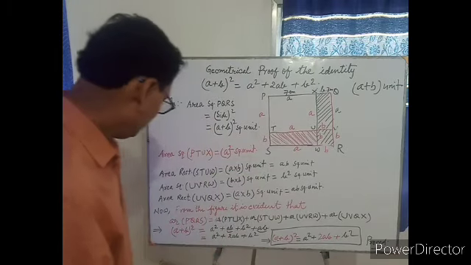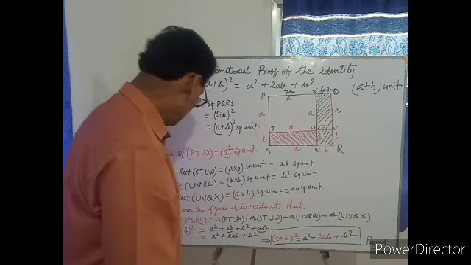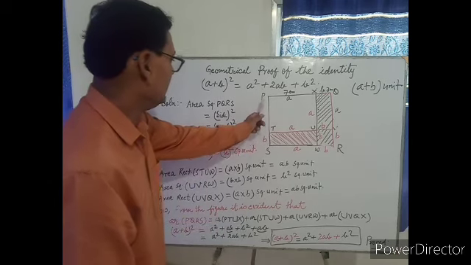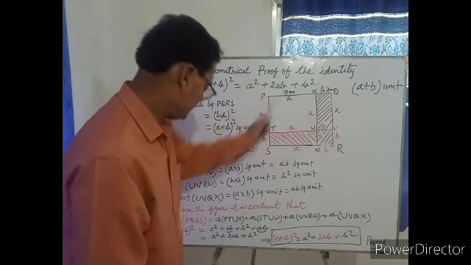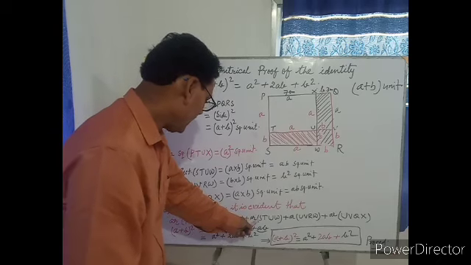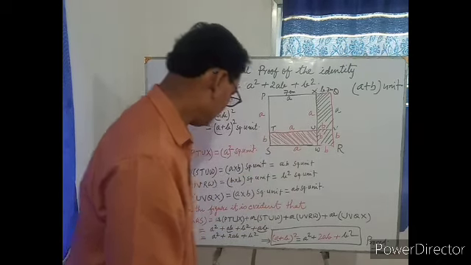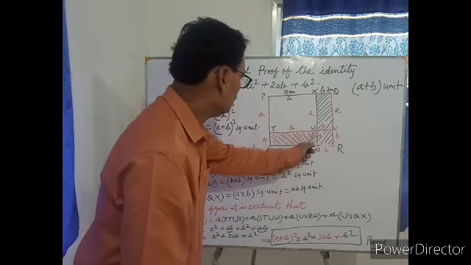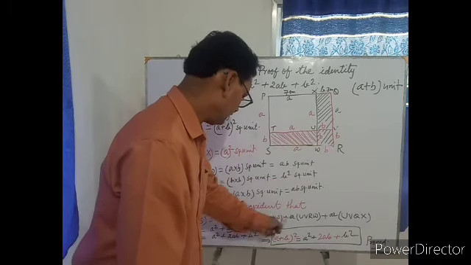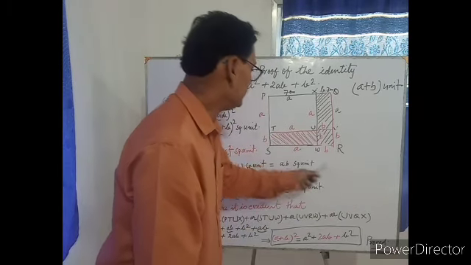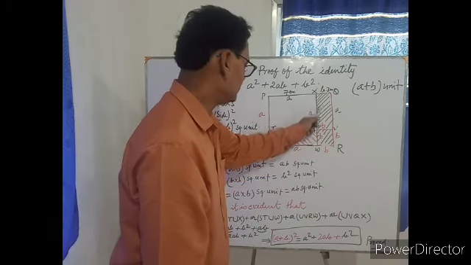Correct? So it is evident from the figure that area PQRS is equal to area PTUX plus area STUW plus area of square UVRW plus area of rectangle UVQX.